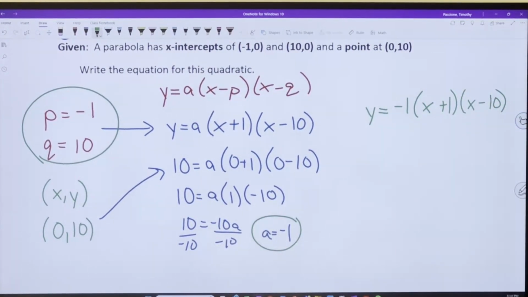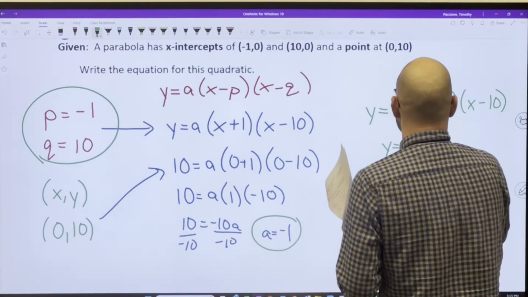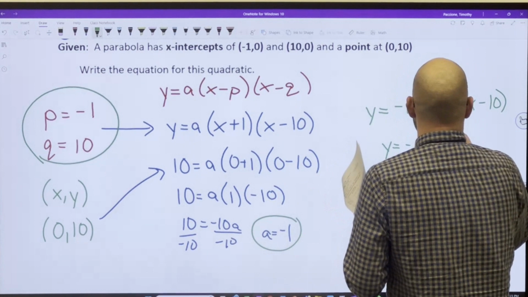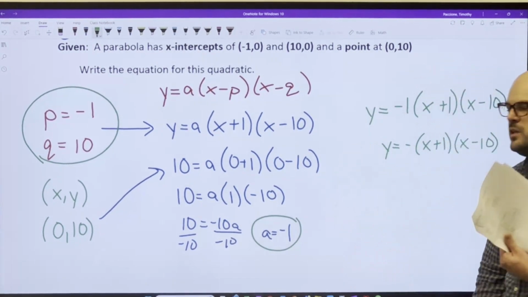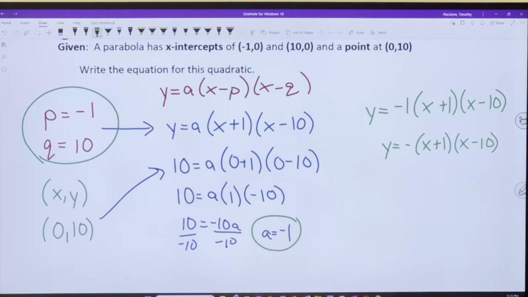Okay? Now, do we need that 1 there? No. So, I'm a little bit of a nitpicky guy myself. If you left it, that'd be fine, but you really don't need it. Okay? So it's negative (x plus 1)(x minus 10). Question? Oh, yeah, sure.